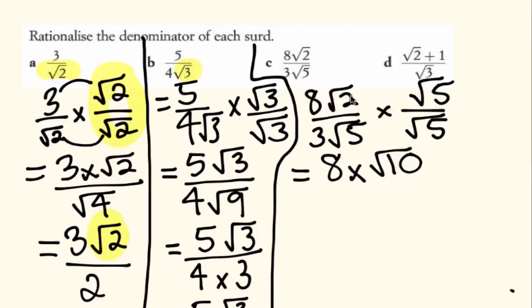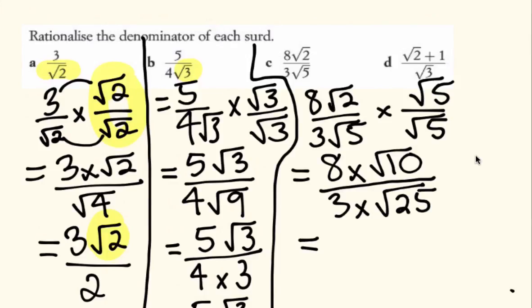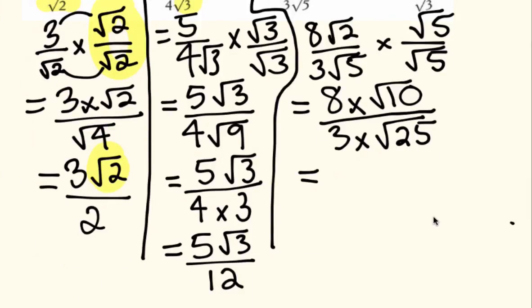That's just basic surds, which you would have learnt last year in the Year 9 course. And then 3 times square root 25. Once again, I'm doing it a little bit slower for the purpose of this video, but if you wanted to, you could write down 3 times 5 straight away. 8 times square root 10 all over 3 times 5.